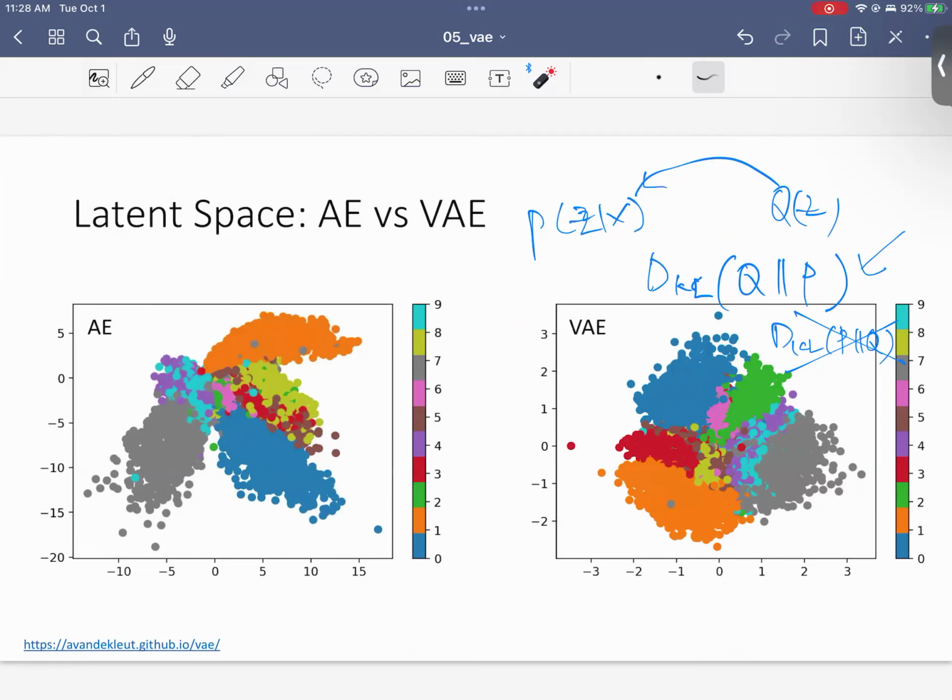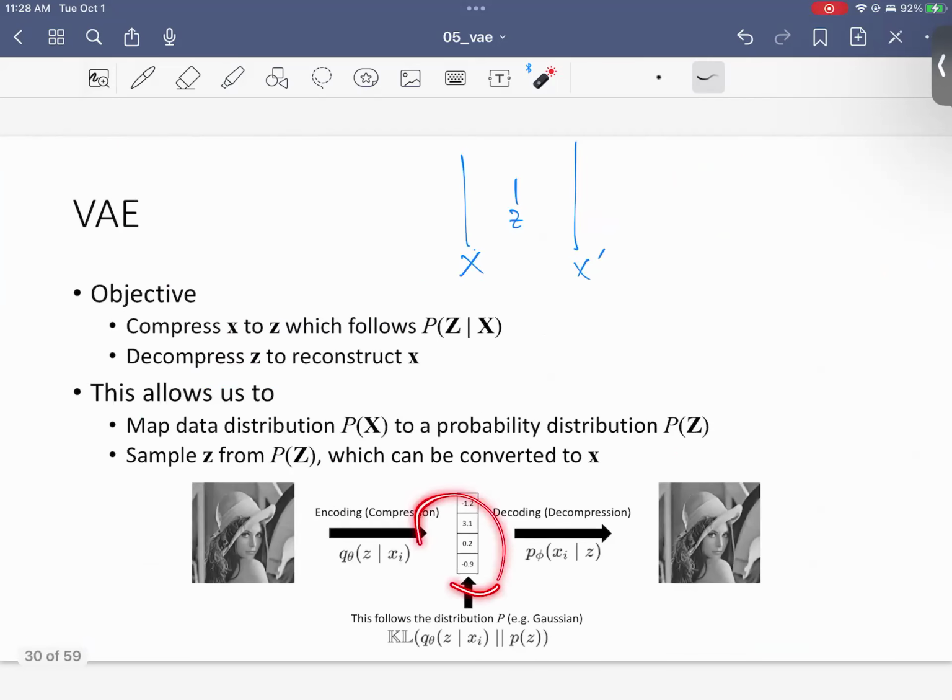But if you want to stick to the 4-dimensional latent space, in a head-to-head comparison between AE and VAE using the same size latent space, then AE will most likely give you better reconstruction performance. But then what we're after is a generative model. So VAE and AE serve different purposes.